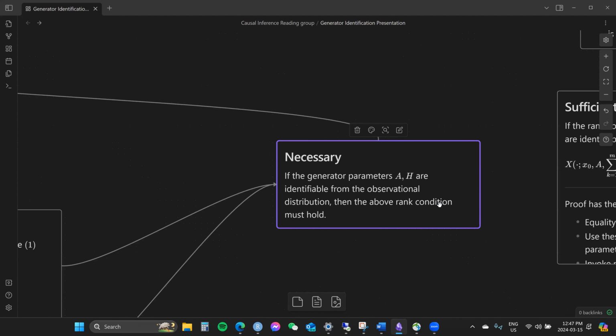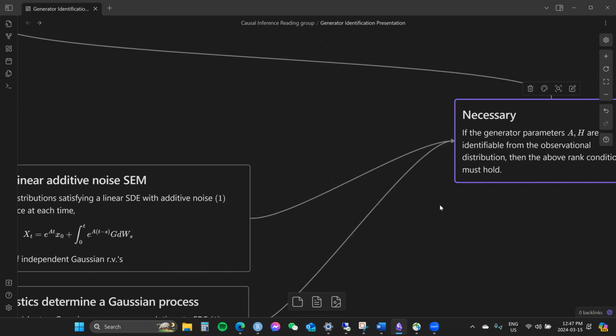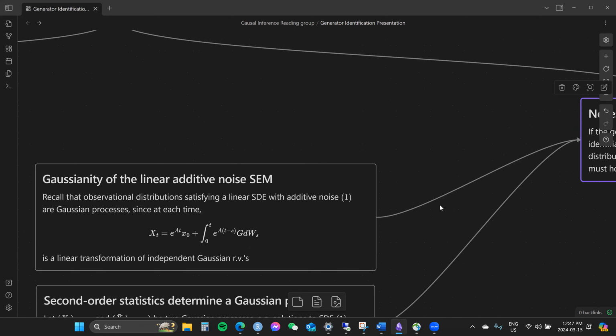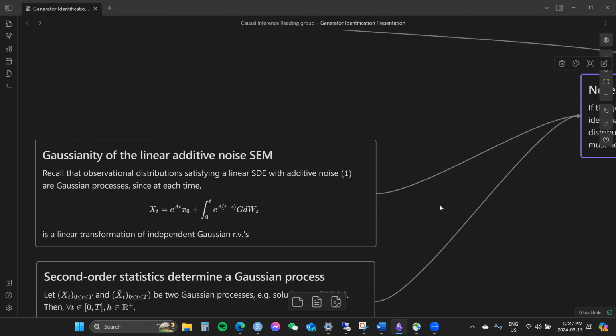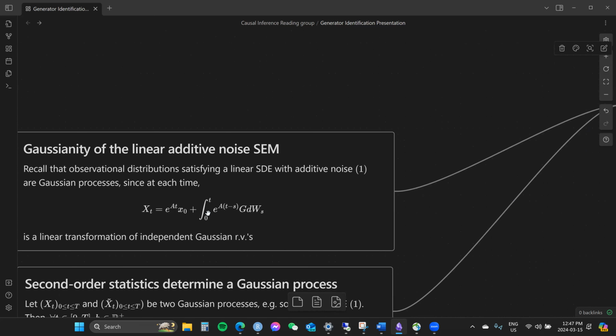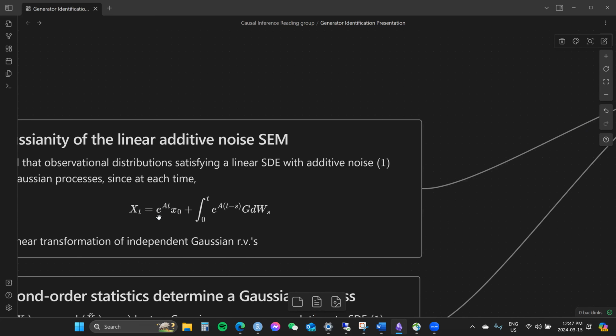The reason is that this is a special situation. If you have a linear additive noise SEM, you'll always have a Gaussian process. You can see it from the solution itself, as long as your starting point is Gaussian. What are you doing here? You're just doing a linear transformation of Gaussians, because the DWs are going to result in independent normal random variables, and you're just adding them and scaling them.